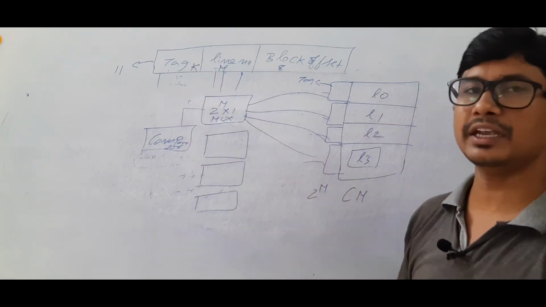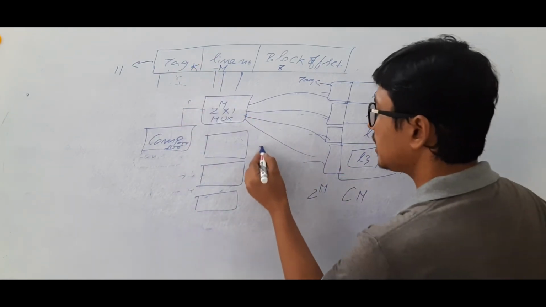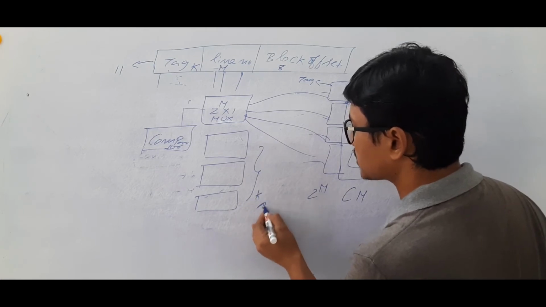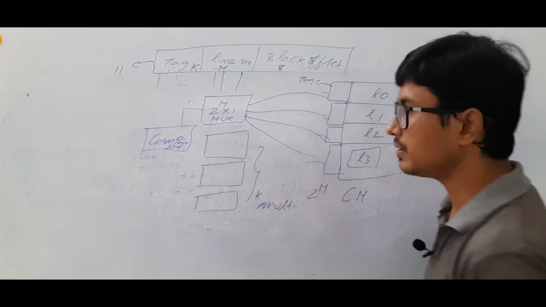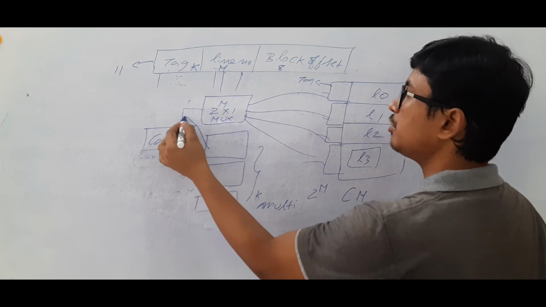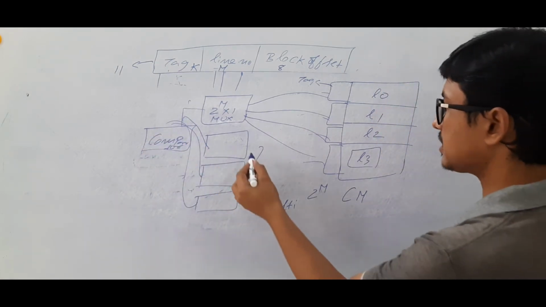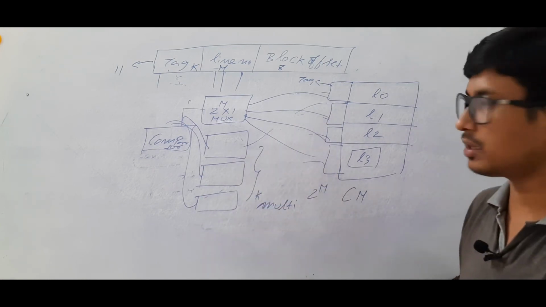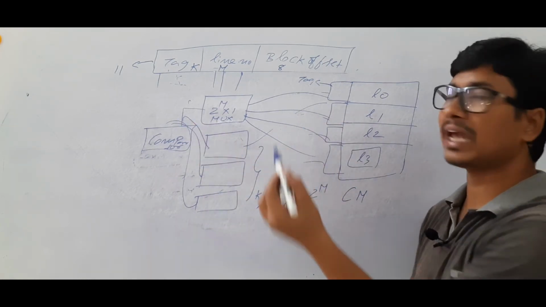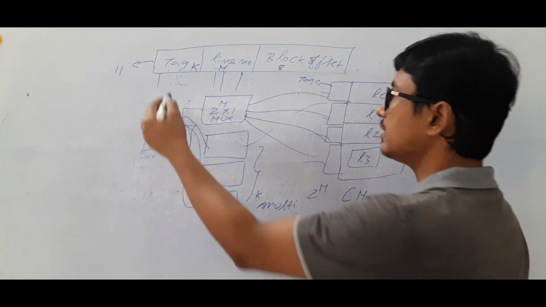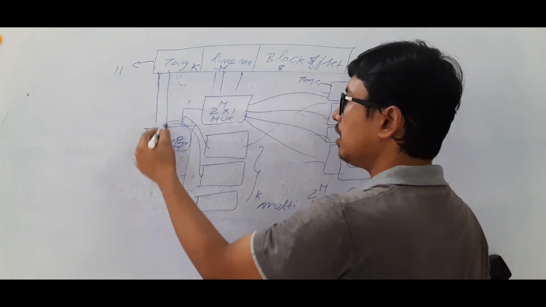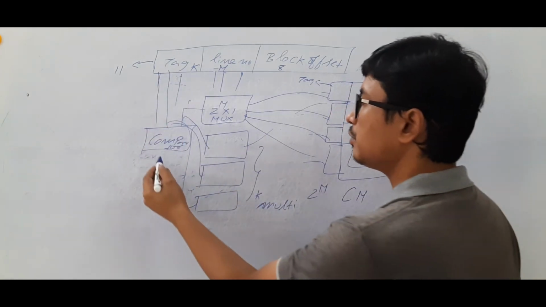If you have k tag bits, then you need k multiplexers. Each multiplexer will give you one tag bit. Are you able to understand? Each multiplexer goes to all the lines and gives one tag bit. Then you will give all the tag bits to the comparator and you will compare.